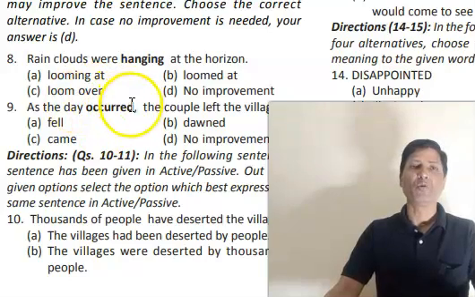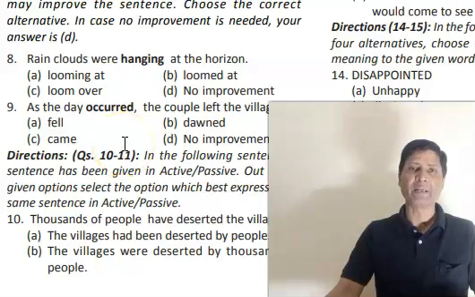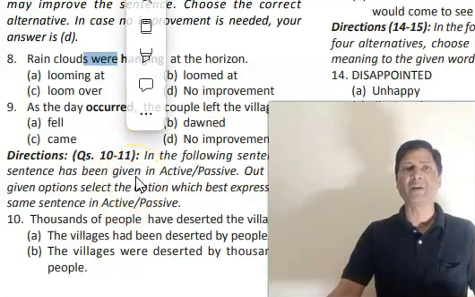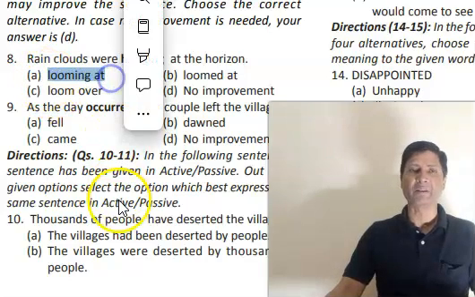So here, loomed at, loom over. Sometimes, if you look at the sentence carefully, the answer automatically comes out. If you look at this part, "were" will be followed by a verb in the 4th form. So your answer will be looming at. Looming at means hanging over something.